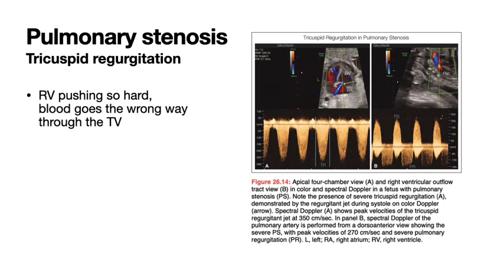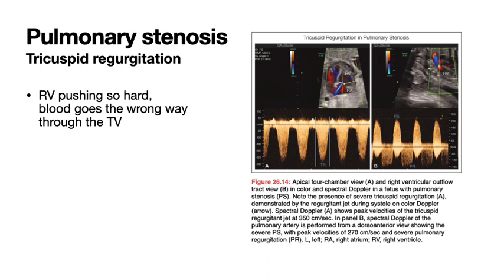All right. The next thing that happens, the right ventricle is pushing so hard that the blood goes the wrong way through the tricuspid valve. Normally, the right ventricle contracts and it just pushes hard enough just to close the tricuspid valve. But now the ventricle is pushing so hard to get through the pulmonary valve, it actually blows the tricuspid backwards too, and you get tricuspid regurgitation.